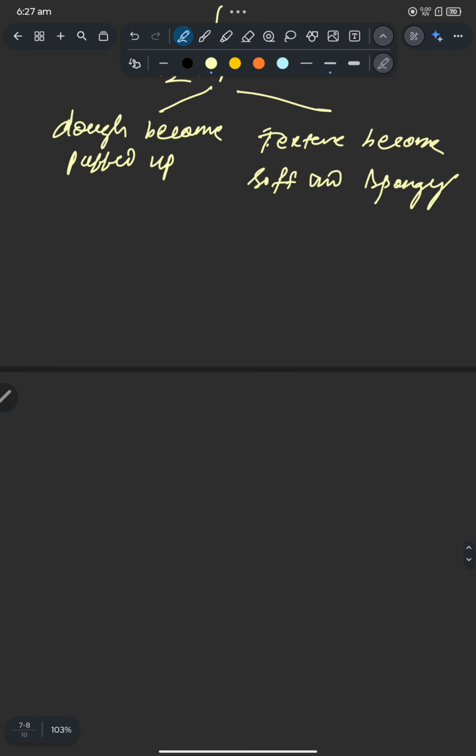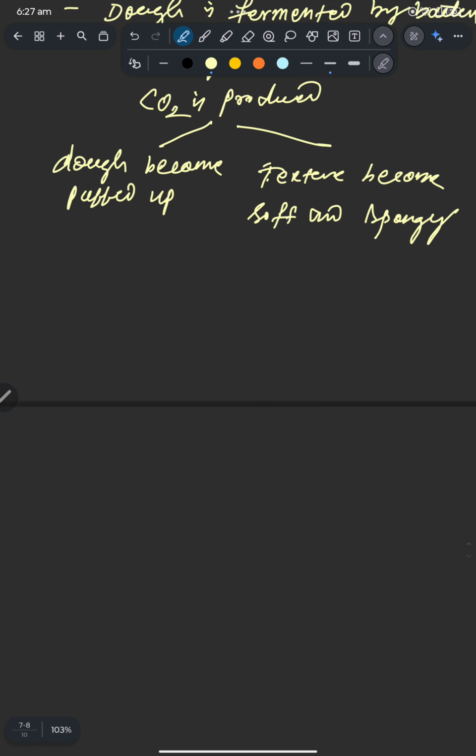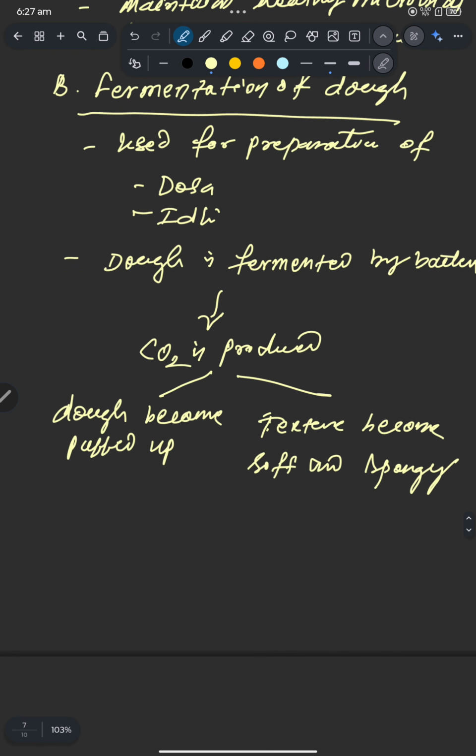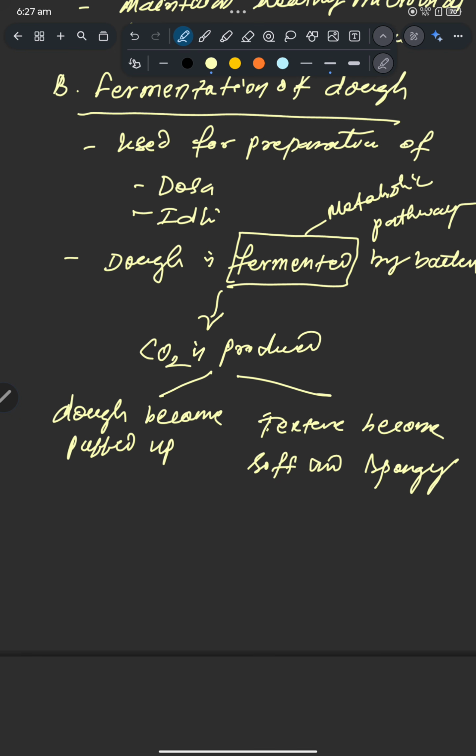Now, what is the metabolic pathway involved in this process? The metabolic pathway is fermentation. Remember, fermentation is the metabolic pathway. And these fermenting bacteria are naturally present in the environment and the ingredients.